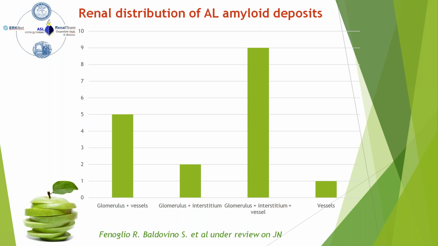As you can see in this recent work from our group, in light chain amyloidosis, that, as I told you, is the most common form of renal amyloidosis, glomeruli and vessels are always involved, and more than 50% of cases present also the involvement of interstitium.